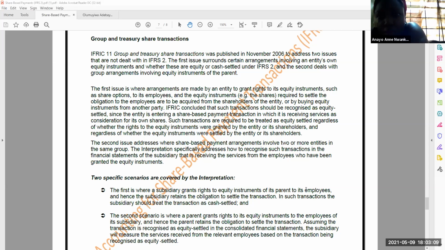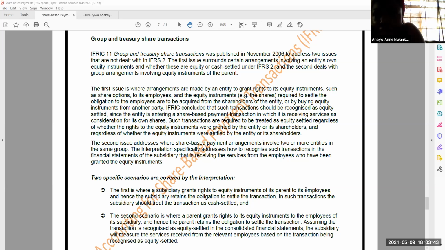The first issue is where arrangements are made by an entity to grant rights to equity instruments, such as share options, to its employees, and the equity instruments, that is, e.g. the shares required to settle the obligation to the employees, are to be acquired from the shareholders of the entity or by equity instruments from another party.